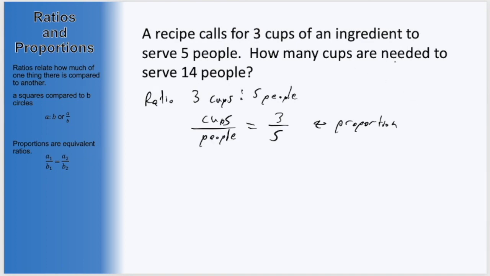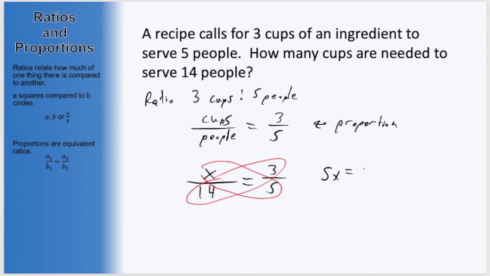In this case, we're looking for the number of cups, so we'll leave that as our variable x, but we know we want to serve 14 people, so that will be the bottom of this ratio, and that should always be equal to, from the recipe, 3/5. Again, we can just do cross multiplication. That will give us 5 times x is equal to 14 times 3.